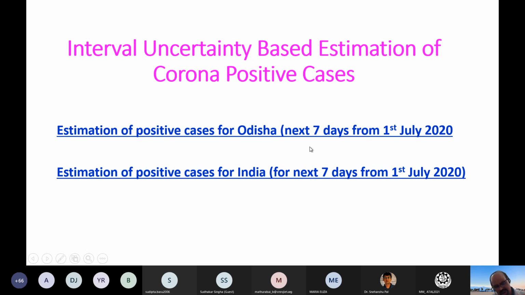Many things need to be done for this model; it is just an idea of how to use interval uncertainty. Don't go by the results, although they are okay. I have taken only 7 days of data in July 2020, and then we predicted in interval form.